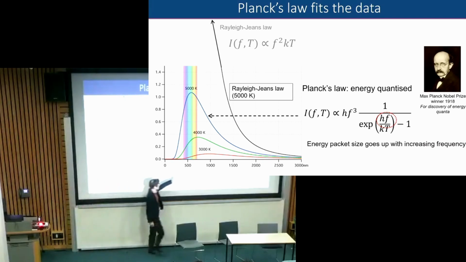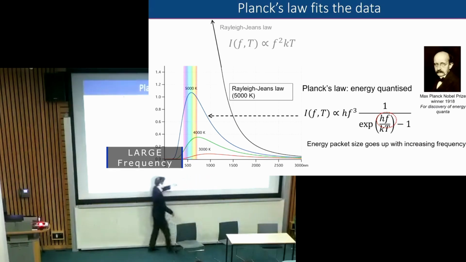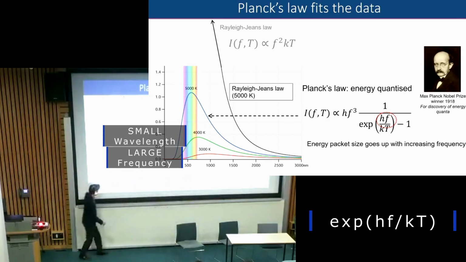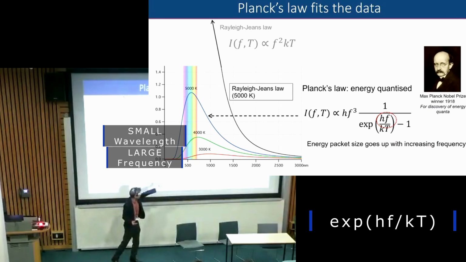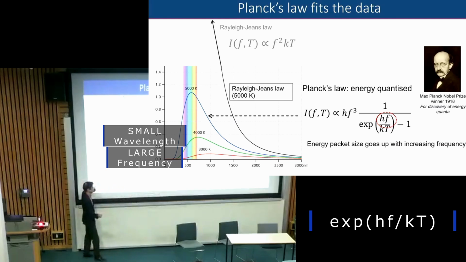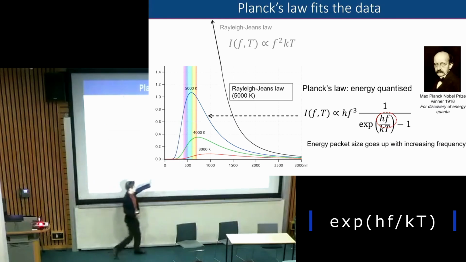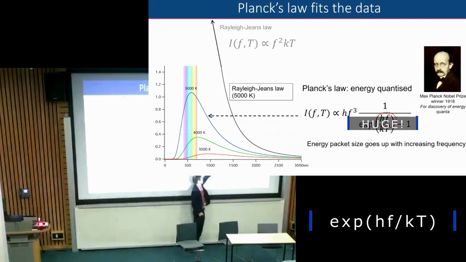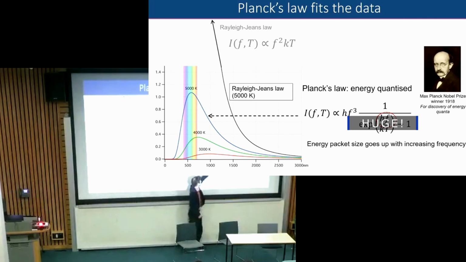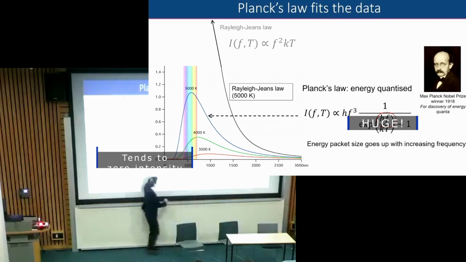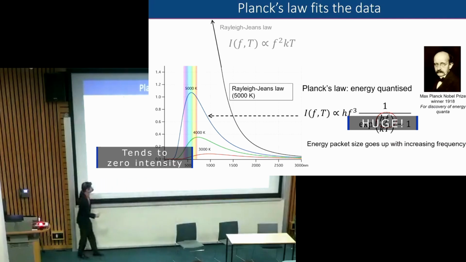And so we can see already what's going on then. If the frequency is very large, that corresponds to a wavelength that is very small, then I'm sure you can imagine, with your knowledge of mathematics, the exponential of a very large frequency, in other words, a very small wavelength, that denominator becomes absolutely colossal, which means that that intensity becomes incredibly small and in fact reduces rapidly to 0.